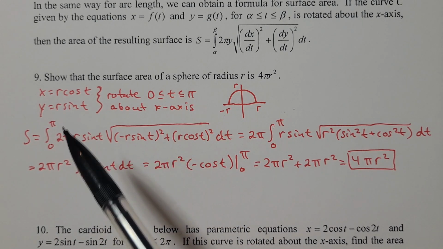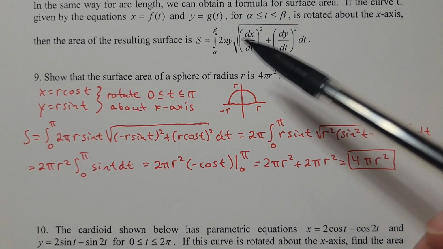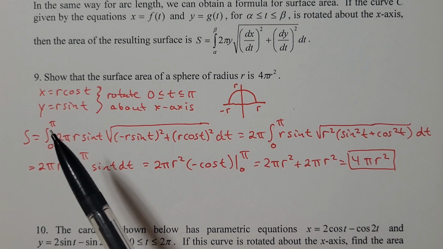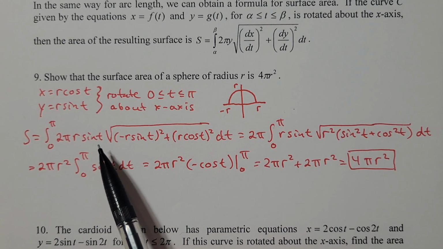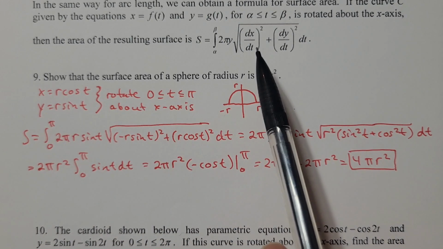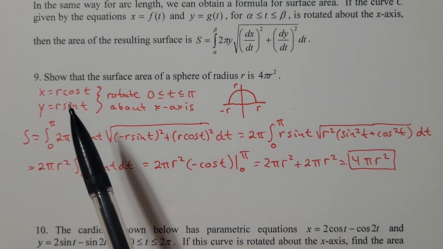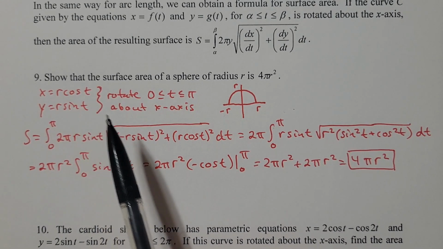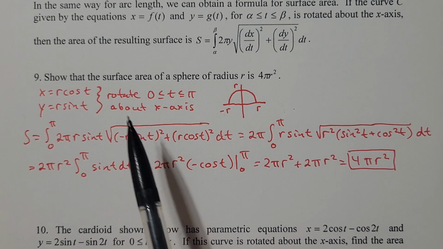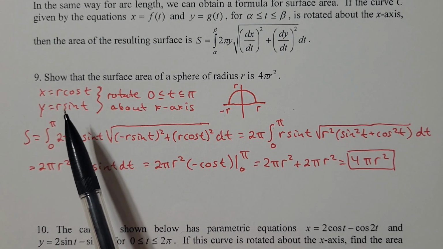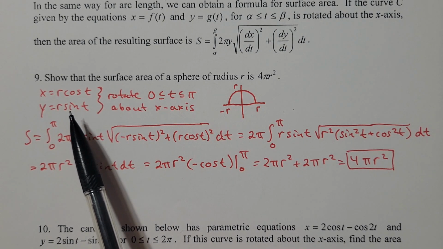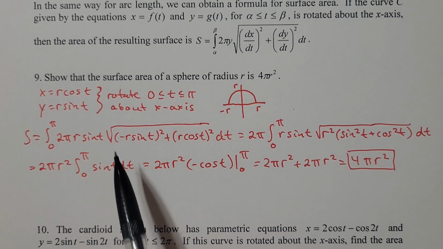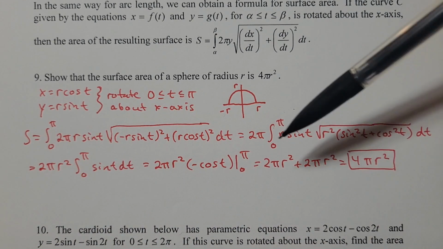So t is ranging from 0 to pi, and I have 2 pi times y, which is r sine t, times the square root of dx dt squared. That's going to be negative r sine t, and I'm squaring that, plus dy dt squared, so that'd be r cosine t squared, and stick a dt at the end.